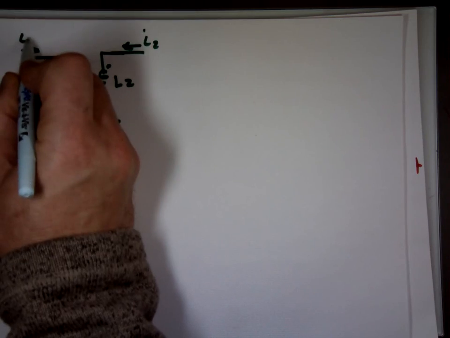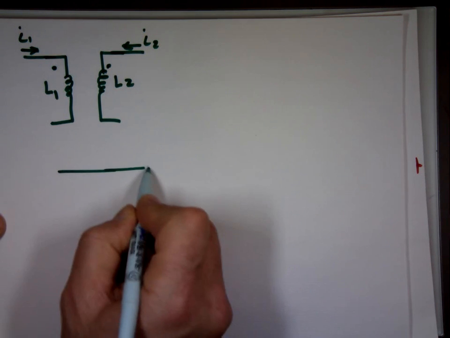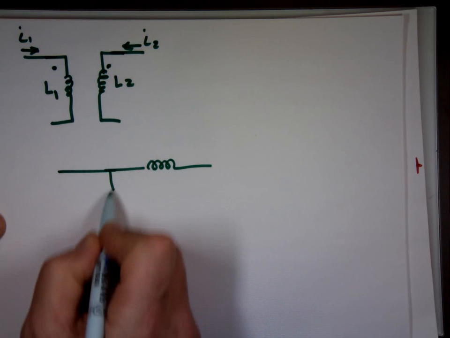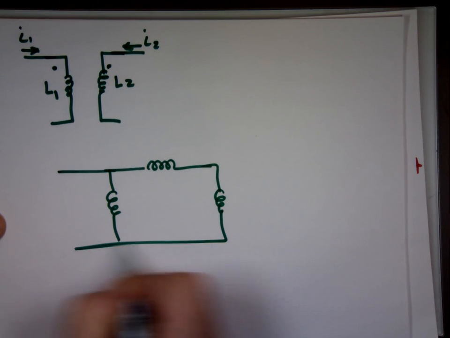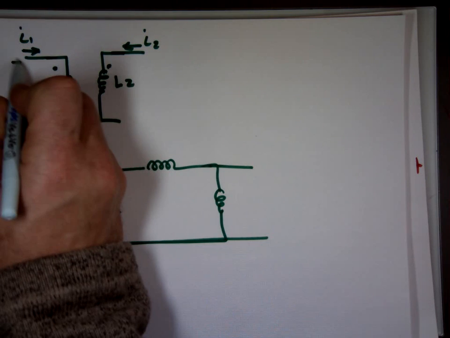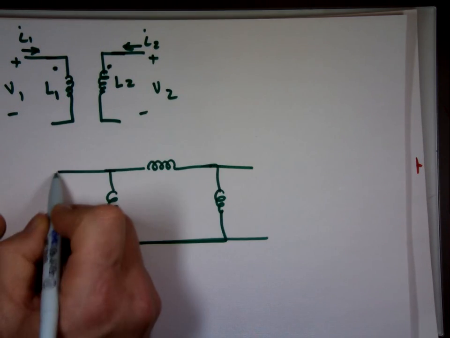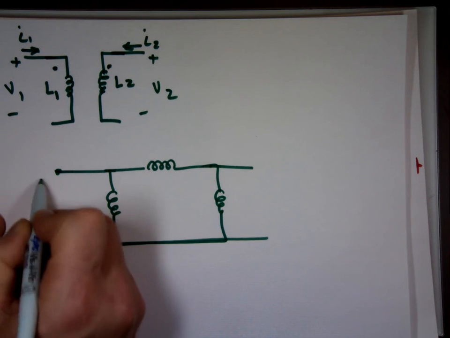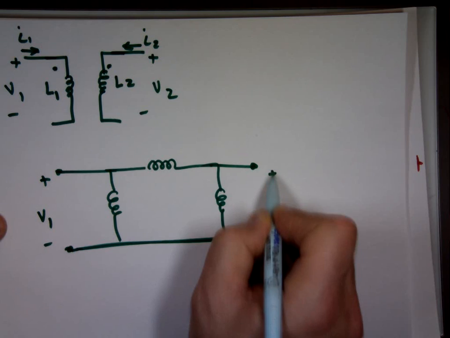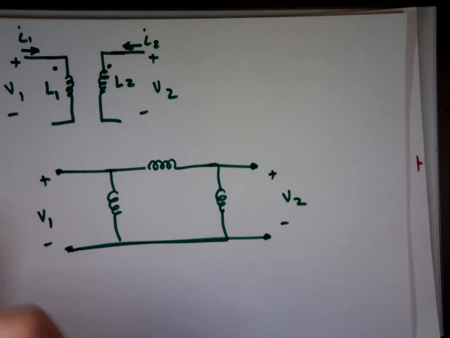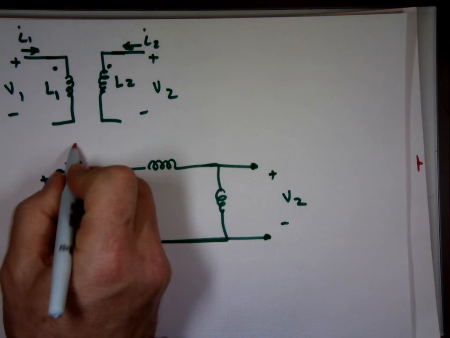I can replace this with, so this is like V1 right here, and this is V2 right here. So this is V1, this is V2. This is I sub 1, this is I sub 2 going in.